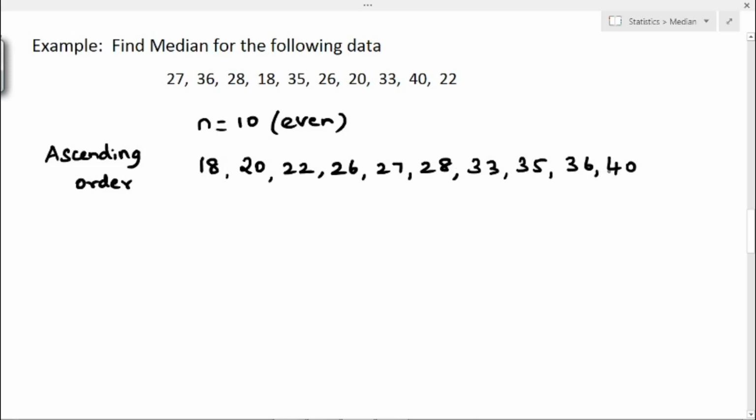Okay, we have 10 values arranged in ascending order.